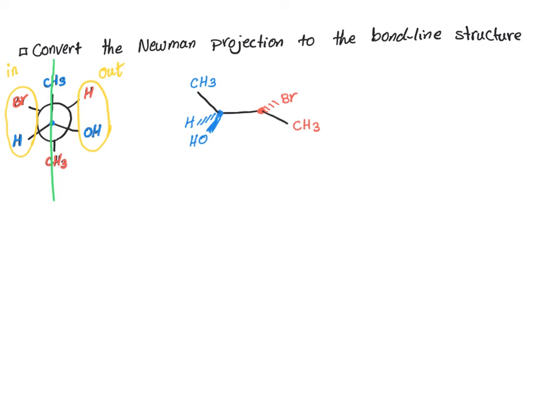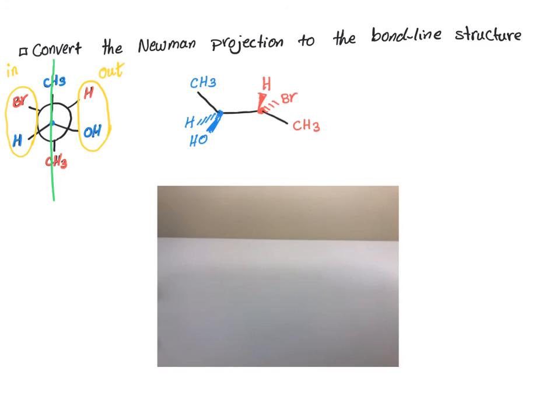And I also have a hydrogen attached, which is coming out of the plane of the page, and I show it with a wedge bond. So this is how you can convert a Newman projection to the bond line structure.